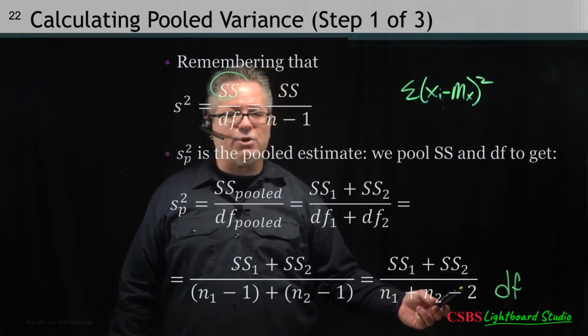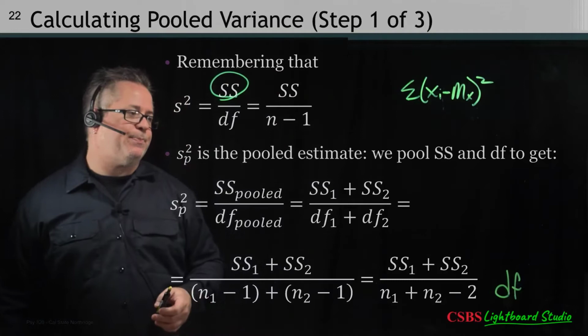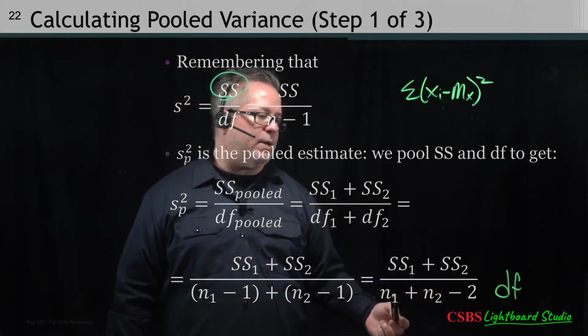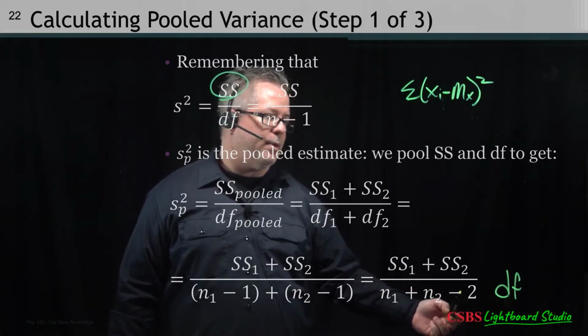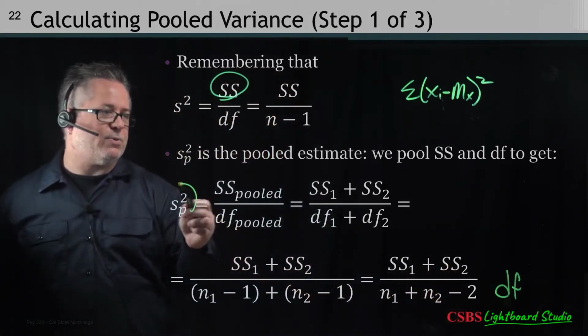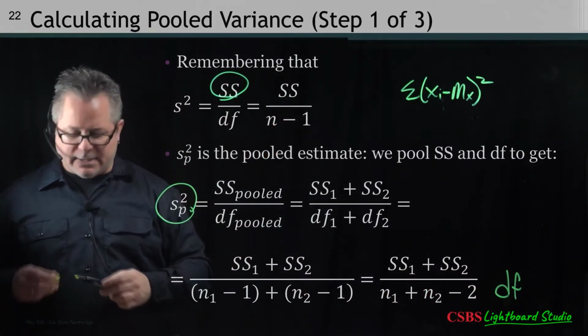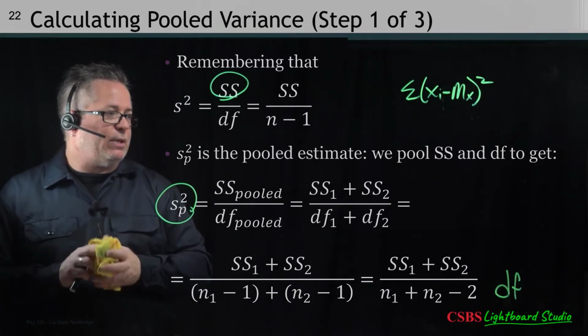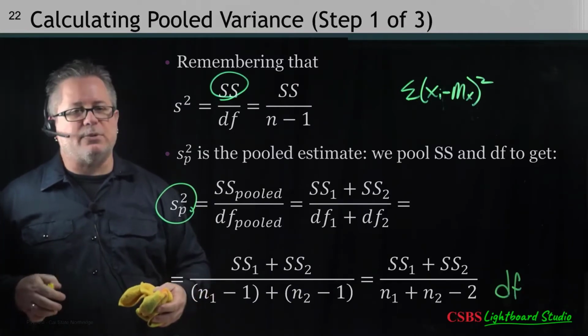I add together my sums of squares and divide by this common degrees of freedom, and that gives me my pooled s squared p, the best estimate of our population we can get by pooling the 2 samples together.